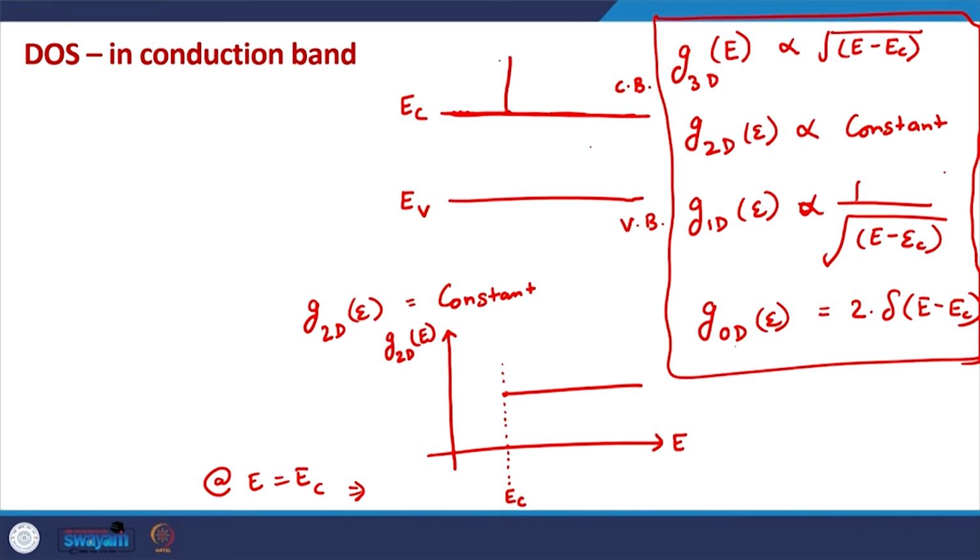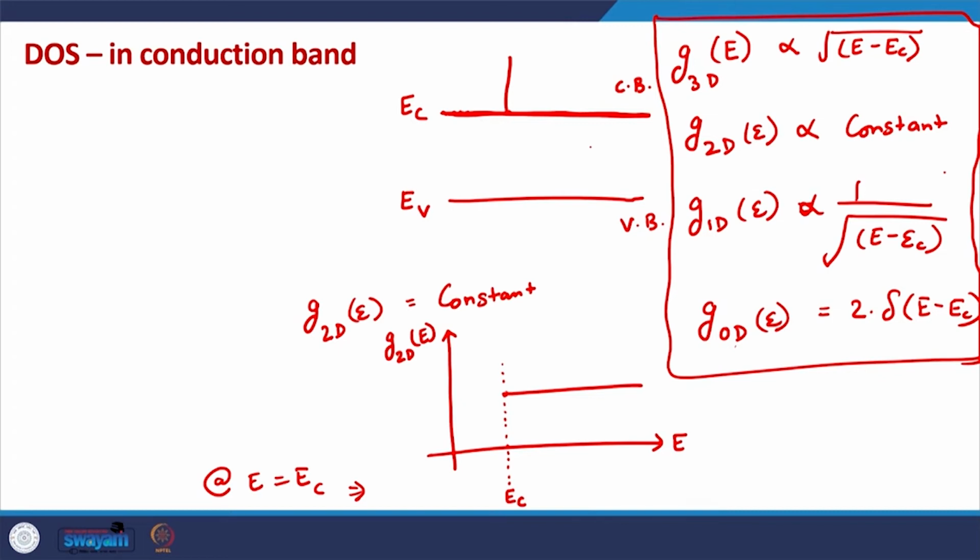So, in this case an electron can exist at the bottom of the conduction band, and in fact it can exist anywhere wherever there is an available state. This is different from a 3D case where electrons just near the bottom of the conduction band are very few in number, because the density of states is very small in that region. Let us see what happens in a 1D case.